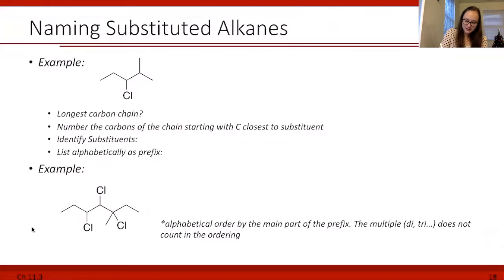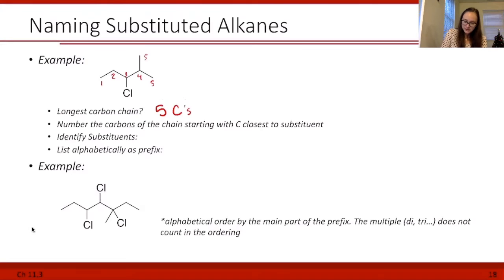Okay, our next example. What is the longest carbon chain here? So we can number it 1, 2, 3, 4, 5. We could also, instead of doing the 5 down, we could do the 5 up, whichever one's fine. But it looks like we have a carbon chain that is 5 carbons long. Number the carbons of the chain starting with the carbon closest to a substituent.